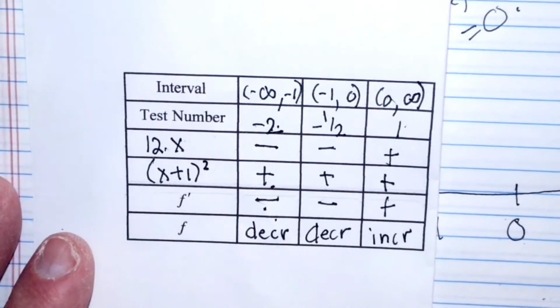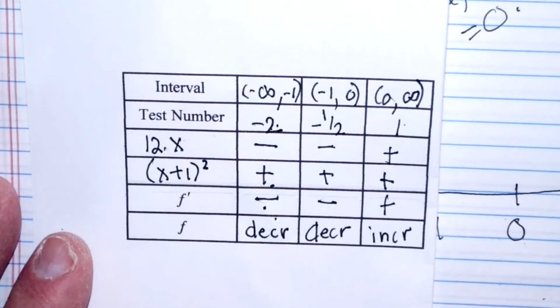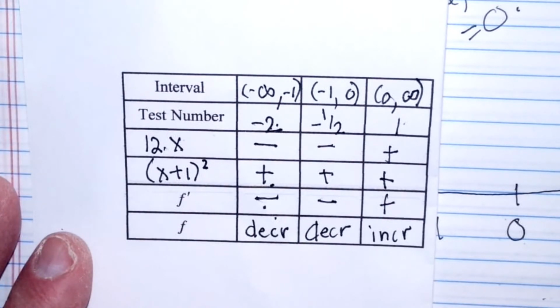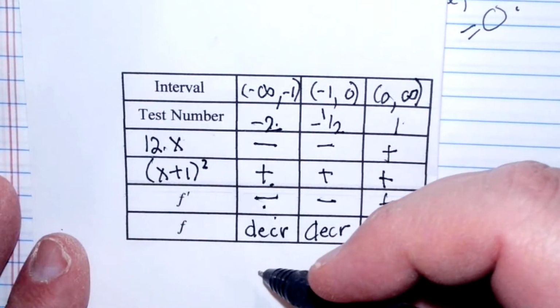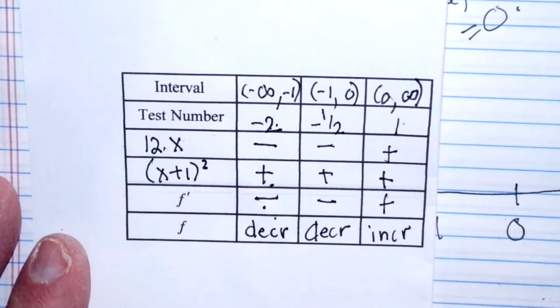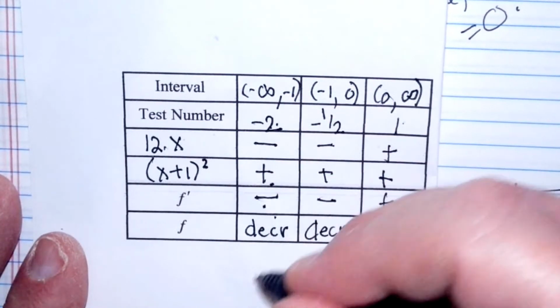Alright, so do we have any intervals where the function is increasing and decreasing? Well, we do, don't we? Remember that there was a theorem that we looked at that said we can include the endpoints when we're looking at these intervals.